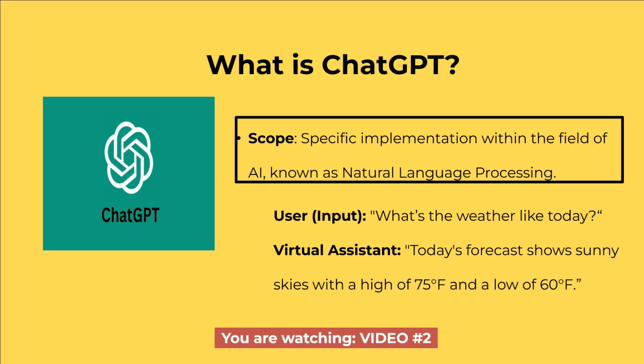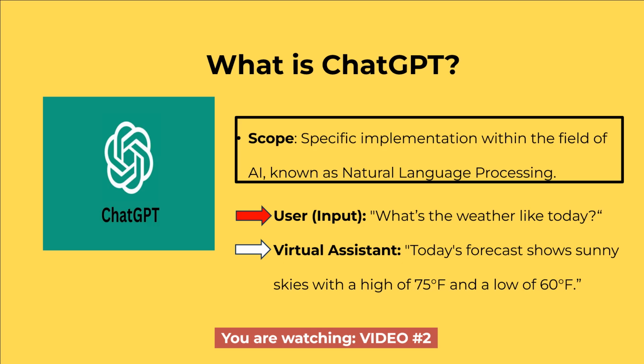For example, as the user, you go to your personal computer or your smartphone and you type in your question, which is the input. Your question may be, what's the weather like today? The virtual assistant receives your input and is programmed by computer experts to generate human-like text.